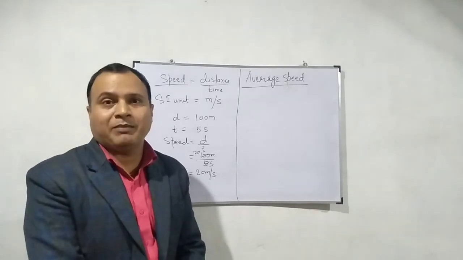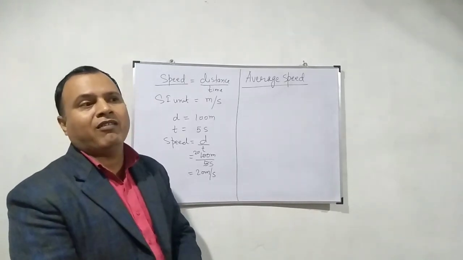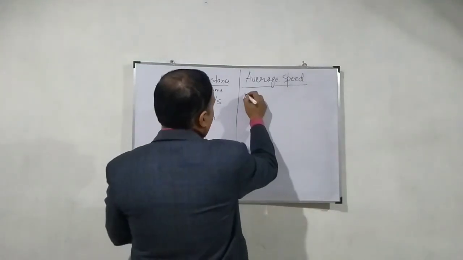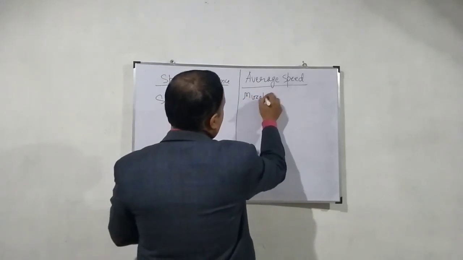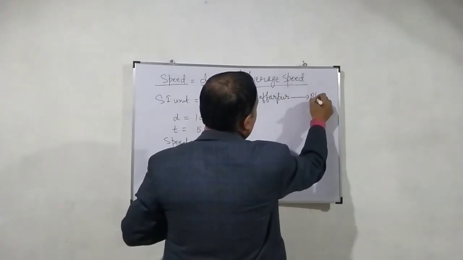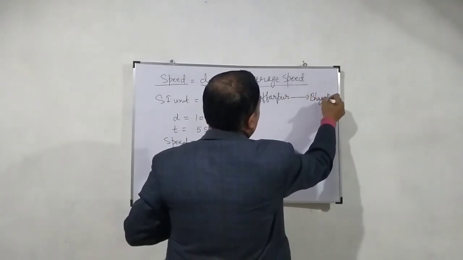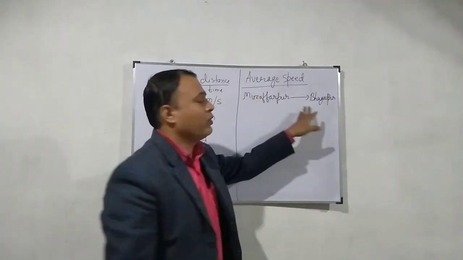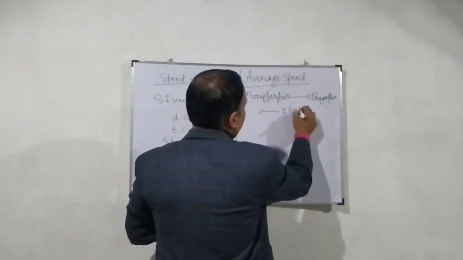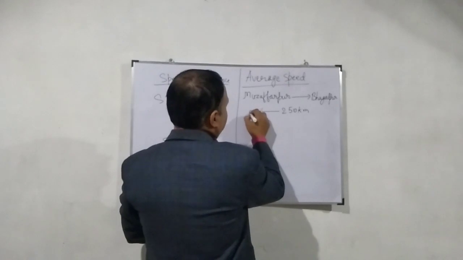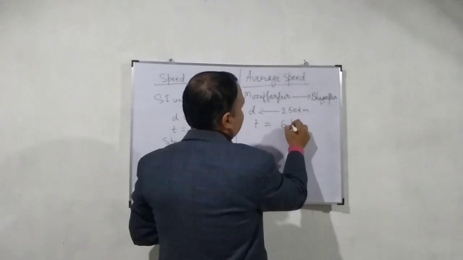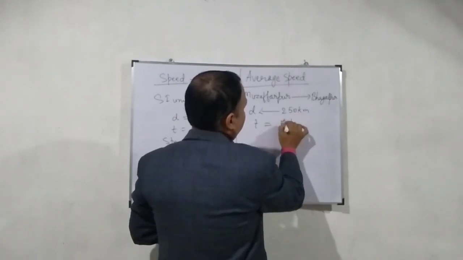We talk about average speed because in the whole journey the speed of our vehicle is not the same. Suppose we move from Muzaffarpur to Bhagalpur and the distance between Muzaffarpur and Bhagalpur is 250 km and the time taken is 5 hours.